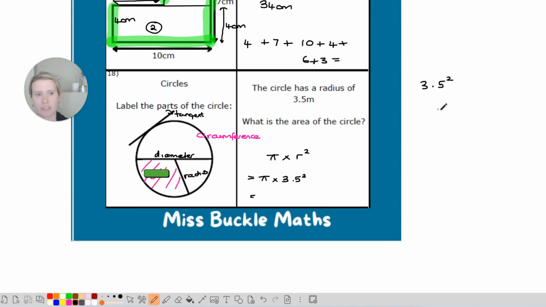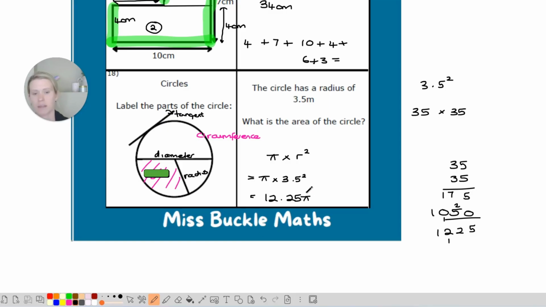So for 3.5 squared, I would be doing 35 multiplied by 35 and replacing my decimal point afterwards. Now it's 12.25 because we've multiplied by 10 twice, so we need to divide the answer by 100.